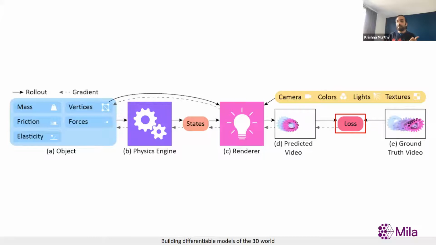Since this entire system is differentiable, we can backprop all the way from the loss function to the object parameters, and we can get gradients with respect to the object parameters. And we just keep optimizing for the parameters until the predicted video nearly exactly matches the ground truth video.